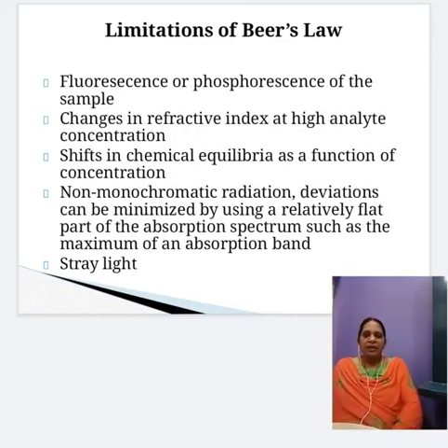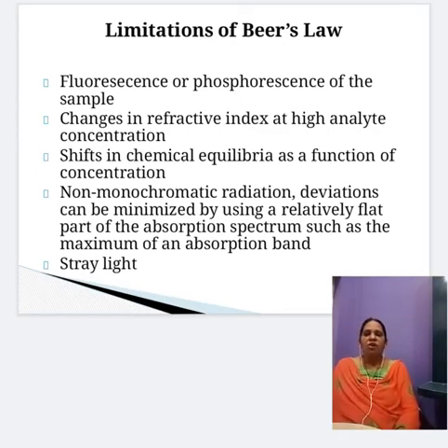Then the other limitations are fluorescence or phosphorescence of the sample, then changes in the refractive index at high analyte concentration. When the concentration of the analyte is high, there are changes in the refractive index of the sample. Then shift in the chemical equilibria as a function of concentration.